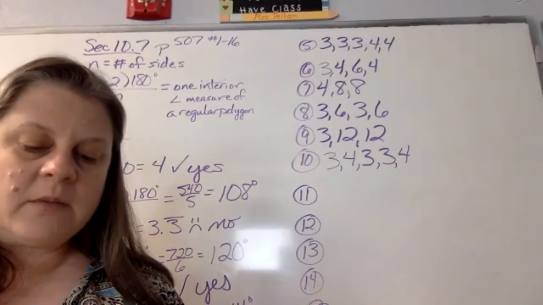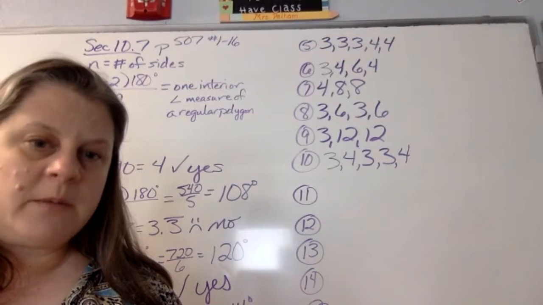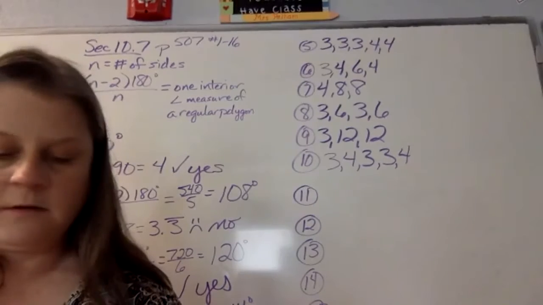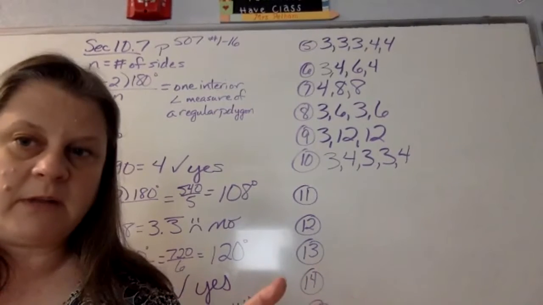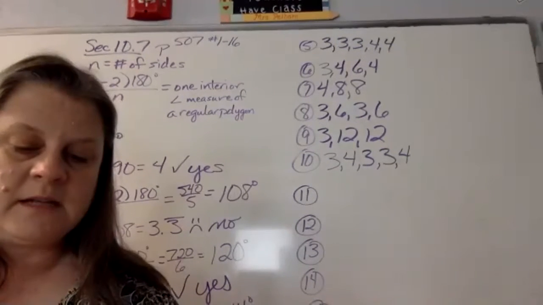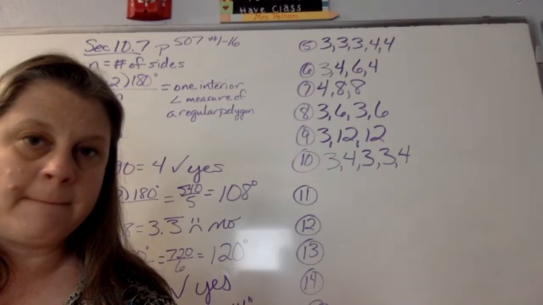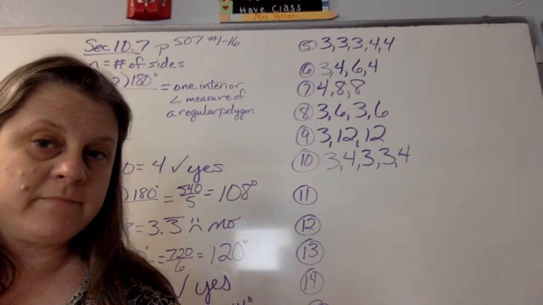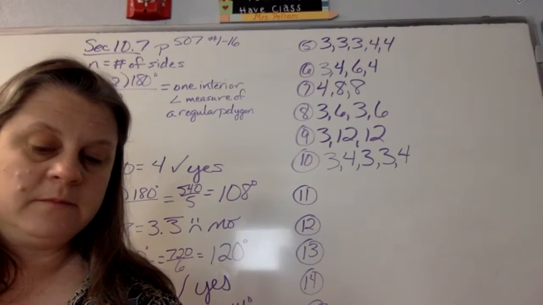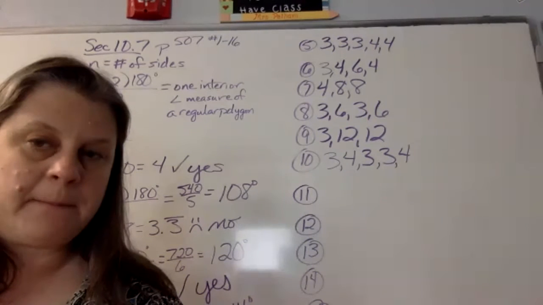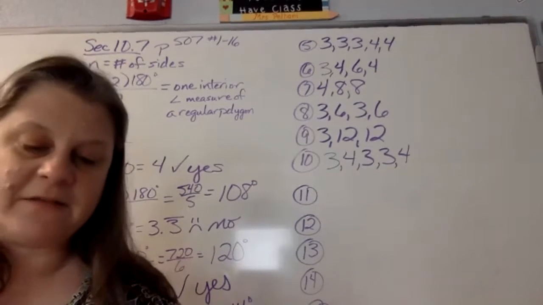So looking at number 11, are they the same shape or different shapes? Is it made up of one shape or a bunch of different shapes? Different shapes, right?